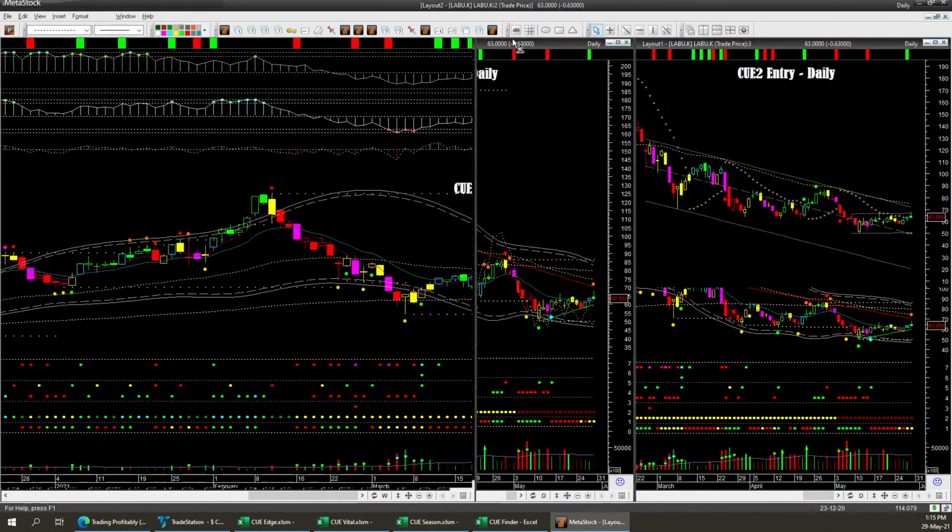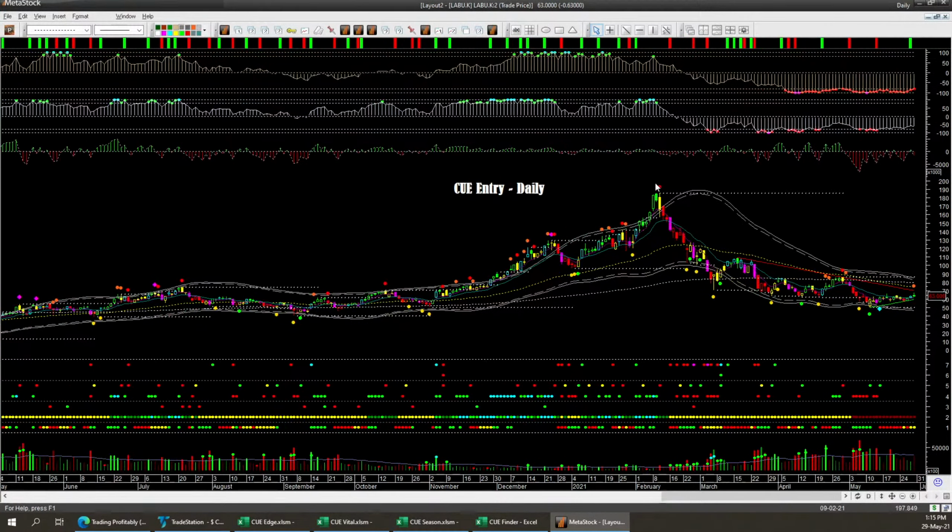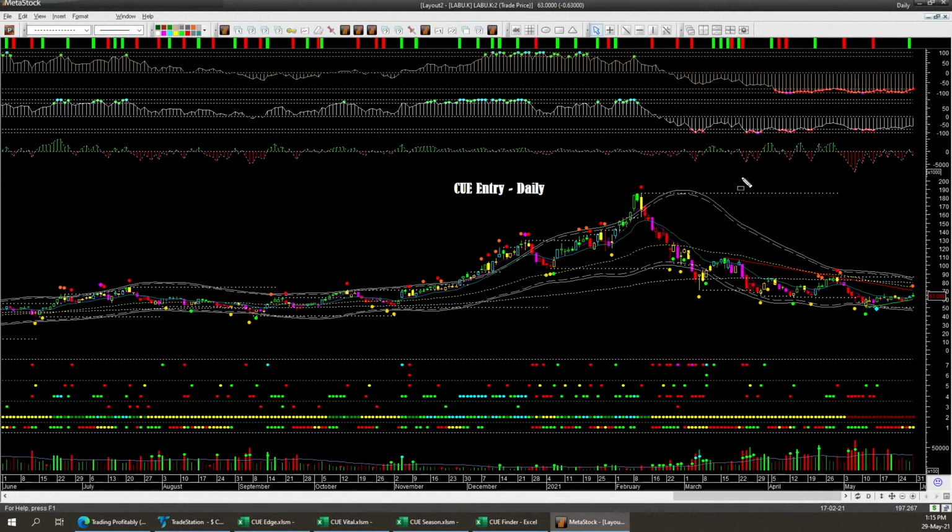Okay, let's look at the daily. This is the thrust indicator at extreme low level, jump also extreme low level. Then starting to recover. For jump, thrust is still at extreme low level.